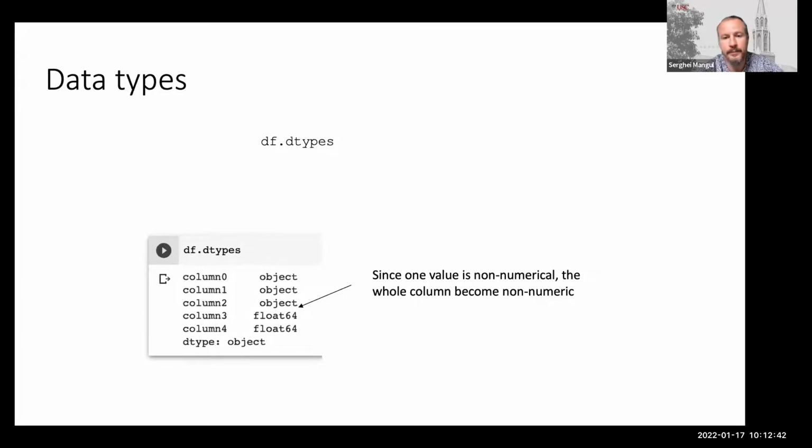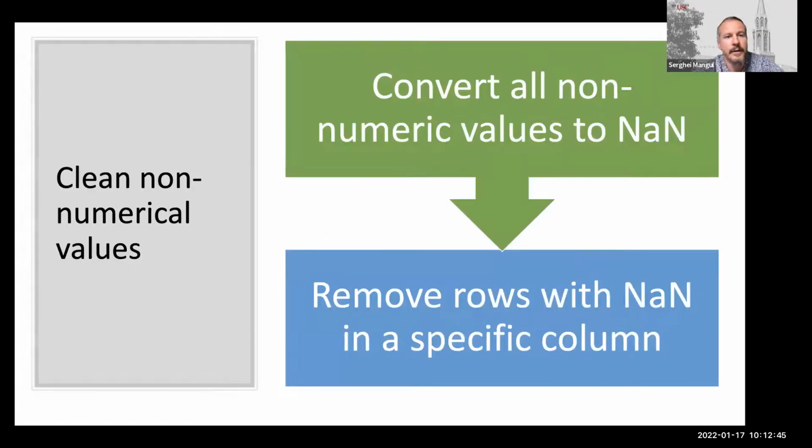Okay, so another thing that often occurs is that you have some non-numerical values, right? You have a column and suddenly, let's say there is a typo or some issue, and you have some value there which is not a number, right? And you say, okay, what should I do about that? Typically you can clean it, meaning you can remove it.